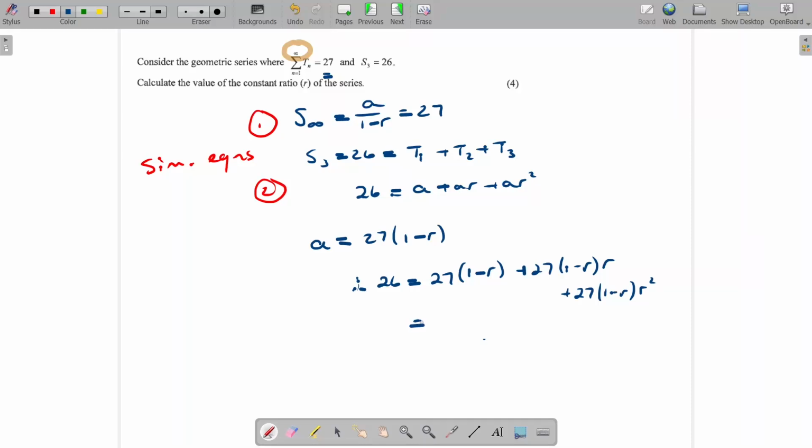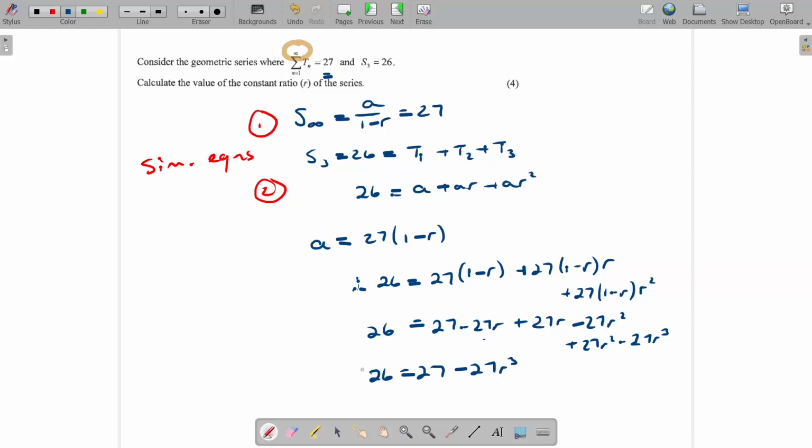What we're going to get here now is that 26 equals 27 minus 27r plus 27r minus 27r squared plus 27r squared minus 27r cubed. I'm going to put this all together and get 26 equals 27 minus 27r cubed.